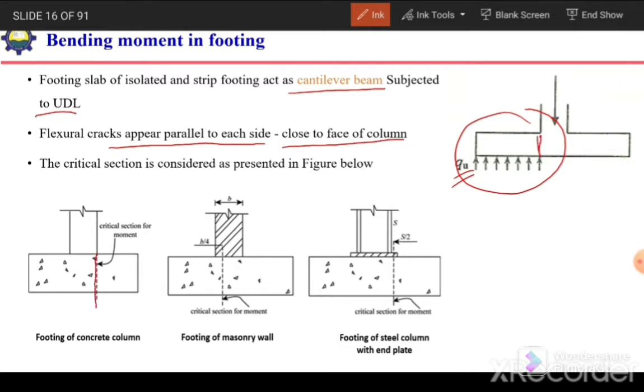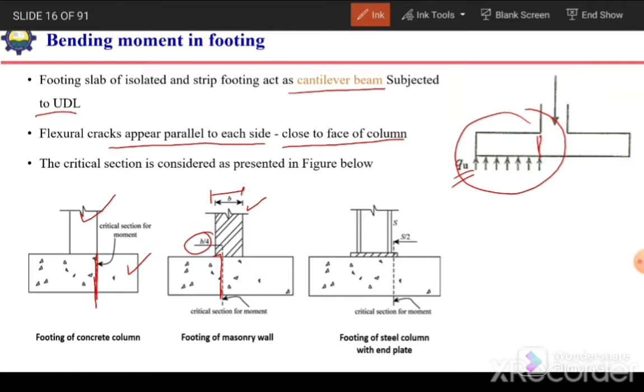Like over here. In case of footing of concrete columns, here we have a column which is of concrete, and the footing is also of concrete. In that case, the critical section will lie at the face of the column. But in case of masonry walls, the critical section will be inside the wall. If the width of this wall is B, then this critical section will lie inside at a distance B by 4.